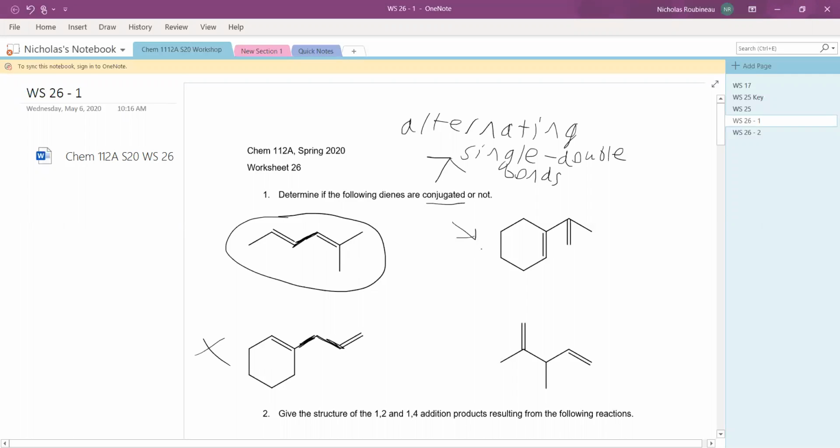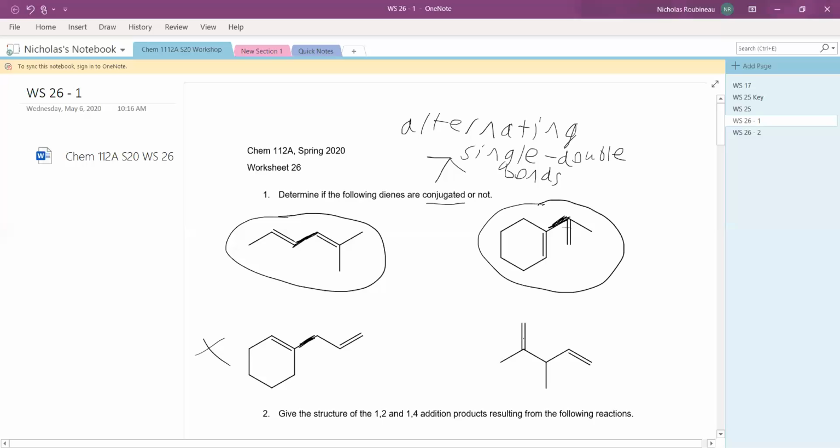What about this one, top right? Is that conjugated? Yes, it is, because there's only one single bond in between the two double bonds, so it is conjugated.